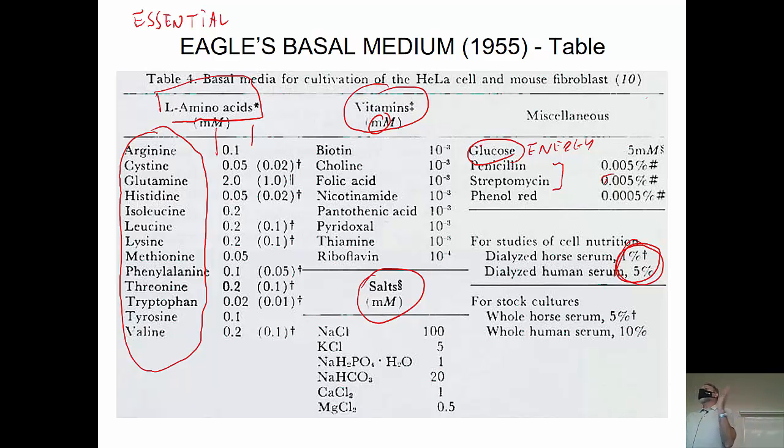We don't know what's in the serum necessarily. I mean, we know mostly what's in it, but you don't know how much of each growth factor is in there, for example. Serum is something different than the medium. The serum is one component of the media. So this down in this corner tells us how much serum we put in.